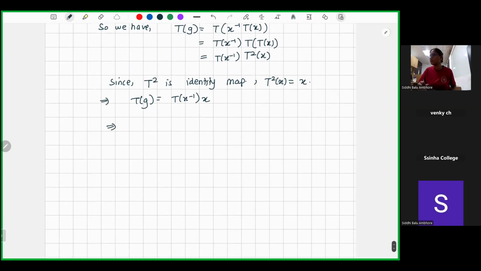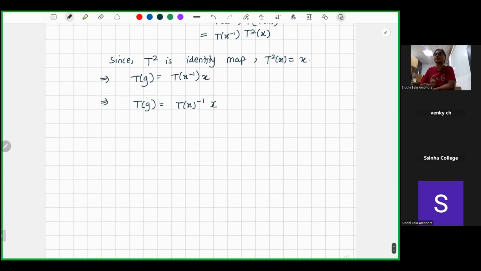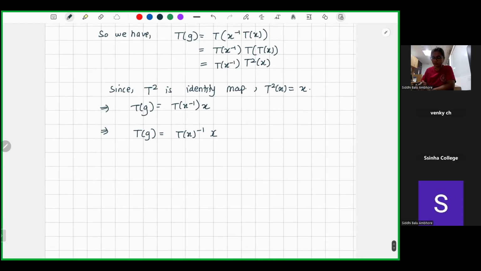And what can we say about this now? So now my T of g is still T of x inverse times x, right?